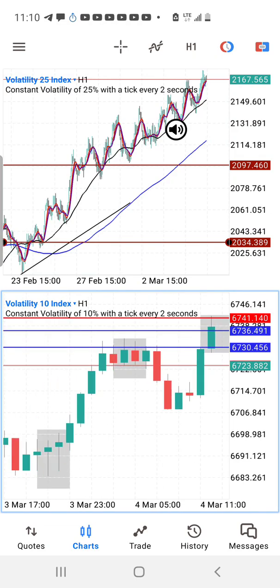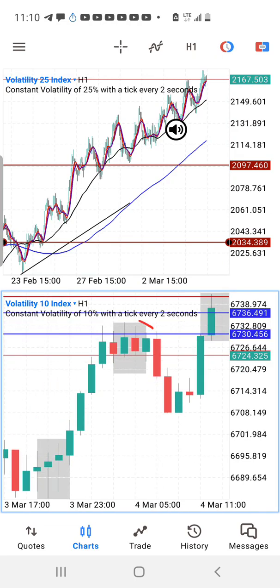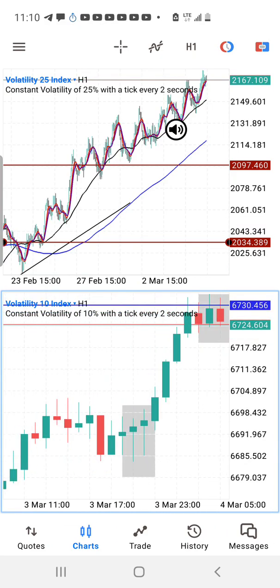Another example is this one. As you can see, another example is this one for the head and shoulder going upwards.